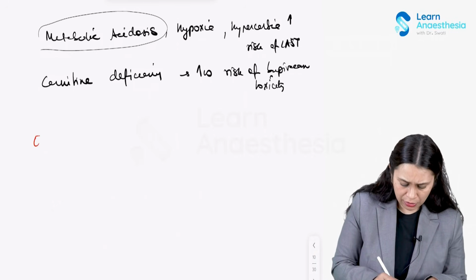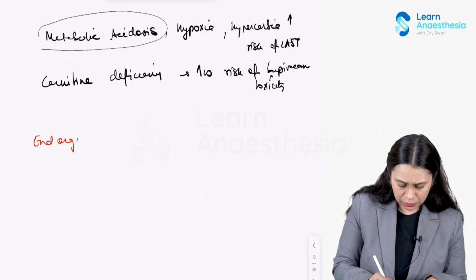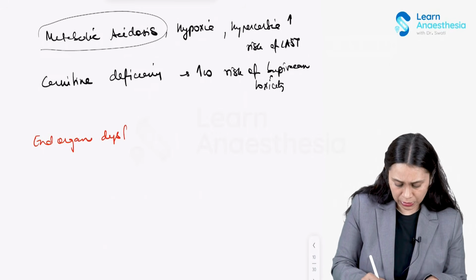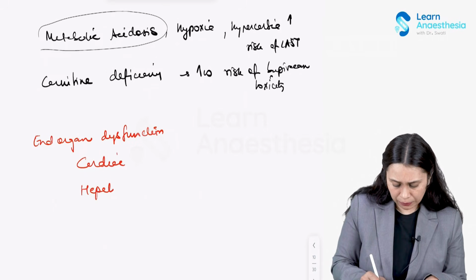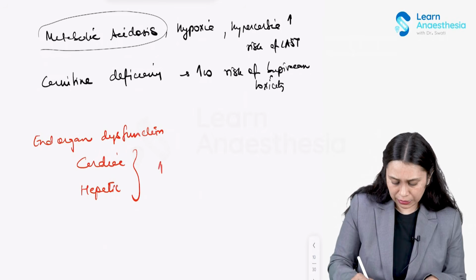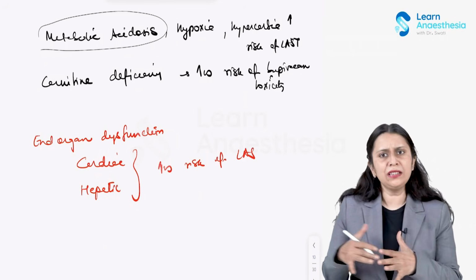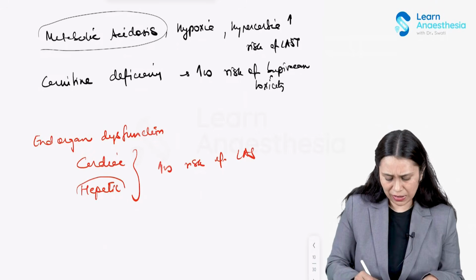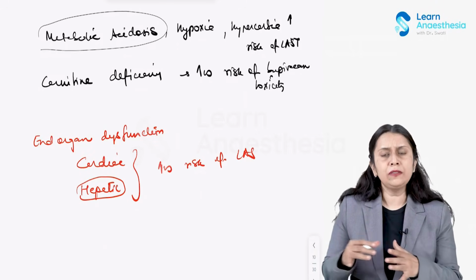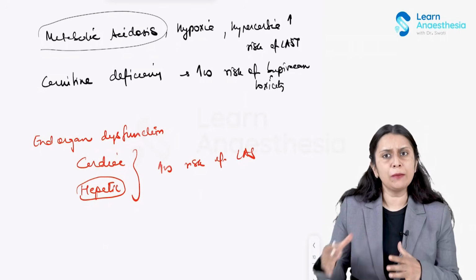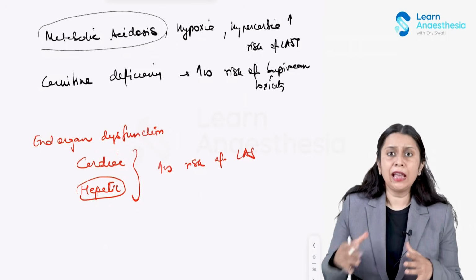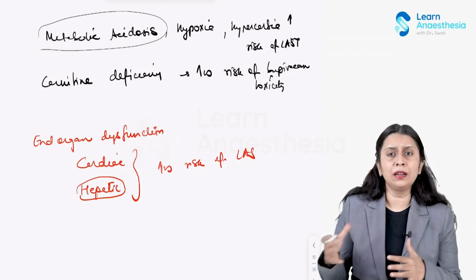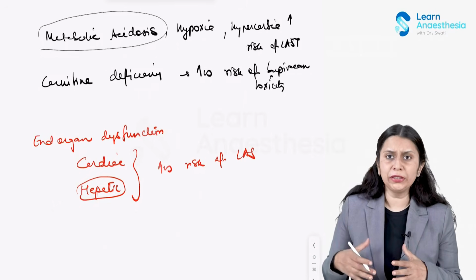Amide local anesthetic is metabolized by the liver. So in case of liver dysfunction, the metabolism of amide LA would be decreased and free LA would be more in the blood, so the risk of LAST would increase.